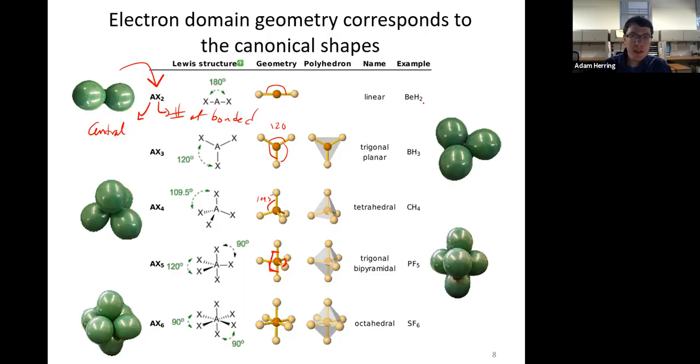So you could have BeH2, or you might have BeHF, which would look like the following. Either way, it's going to take a linear electron domain geometry and have bond angles of 180 degrees. Similarly, you might have PF3Cl2. There's still 5 atoms that it's bound to, and so it takes on the same overall shape.